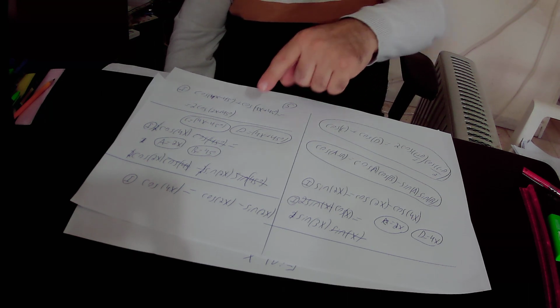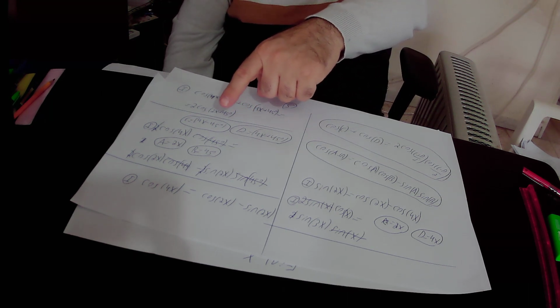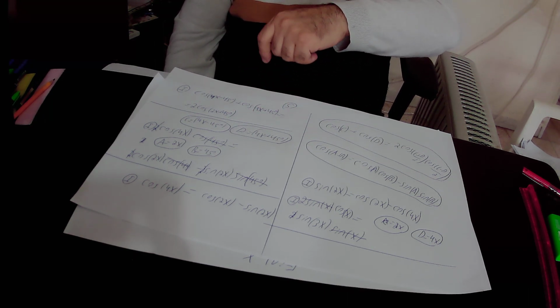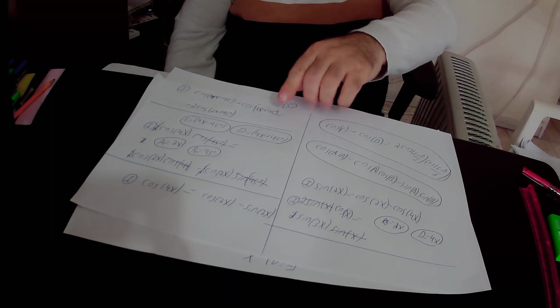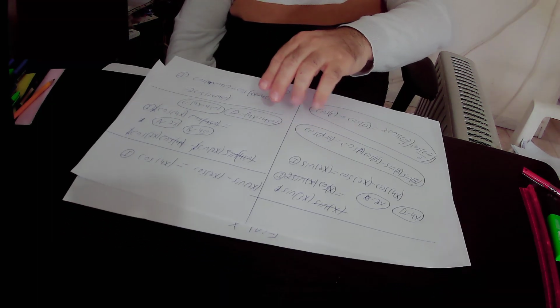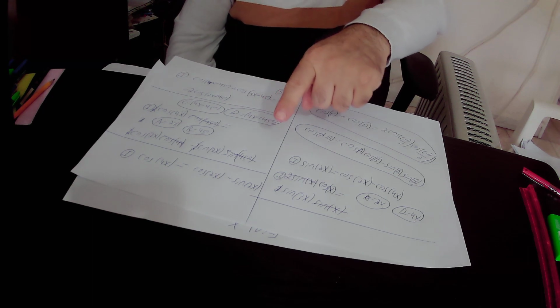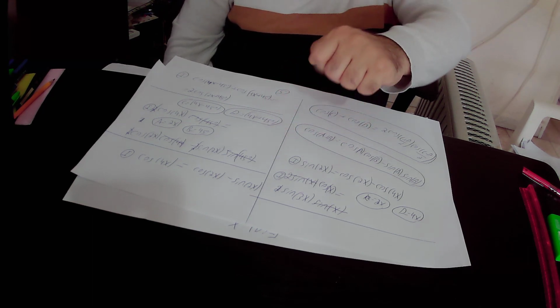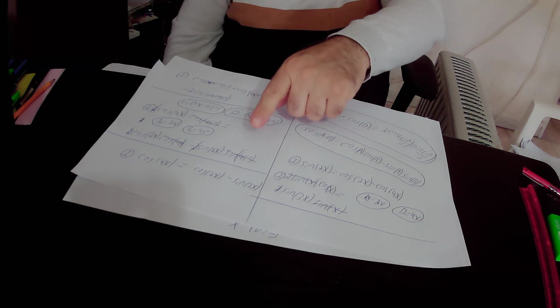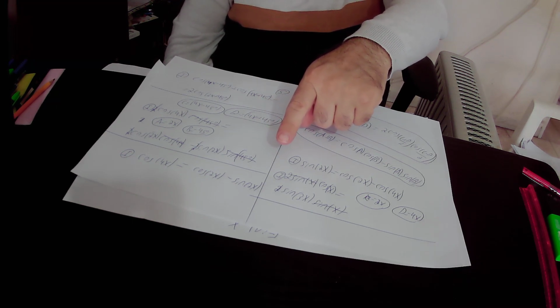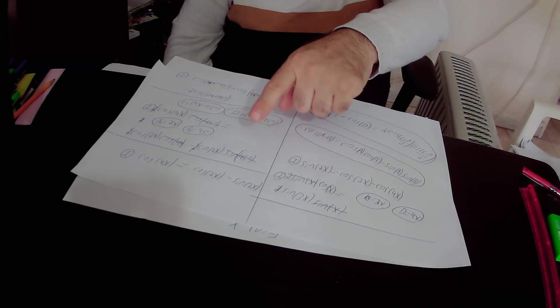Here we divided this equation number 1 by 2 cosine 45 degrees, and we were left with only cosine 4x equals cosine 2x minus sine 2x. Here we added to this equation number 1 sine 2x, and then we subtracted cosine 4x.